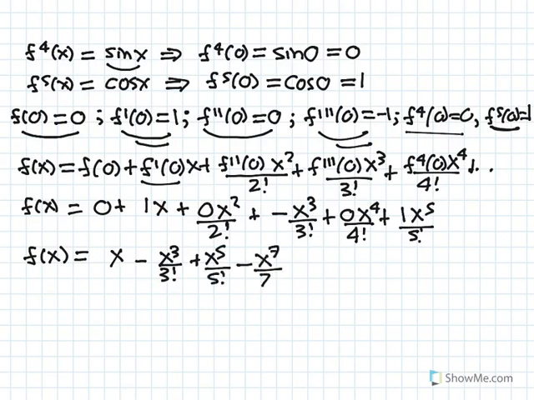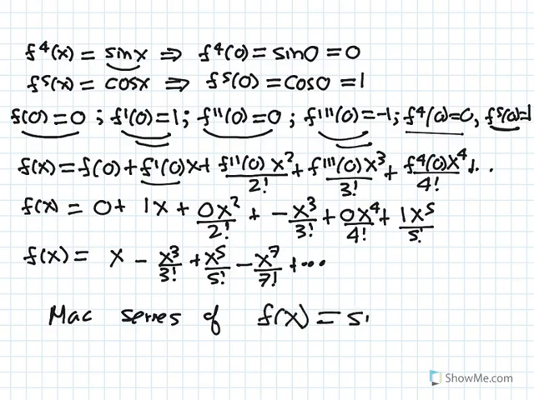So we see the pattern. They go up by 2 starting at x, so we get x minus x cubed over 3 factorial plus x to the 5 divided by 5 factorial minus x to the 7 over 7 factorial, and so on. So this is the Maclaurin series of f of x is equal to sine x.